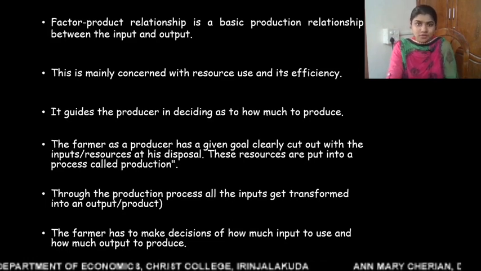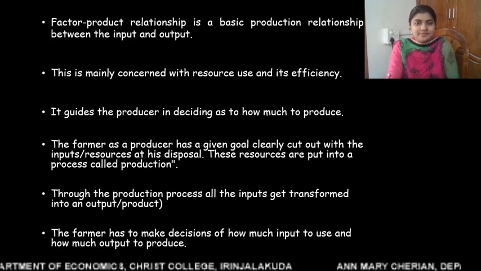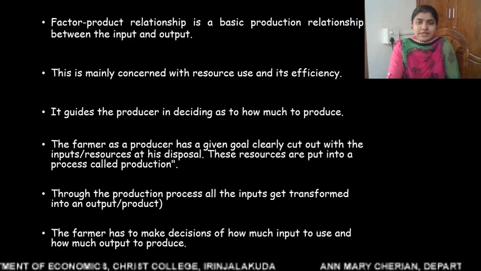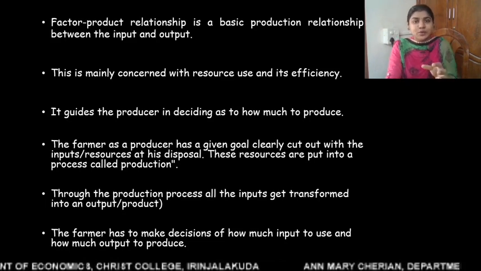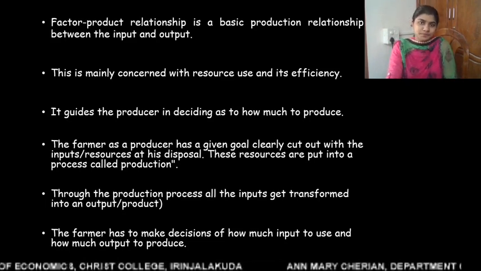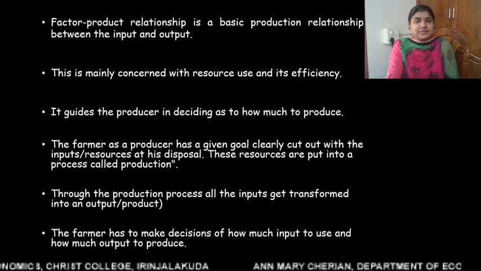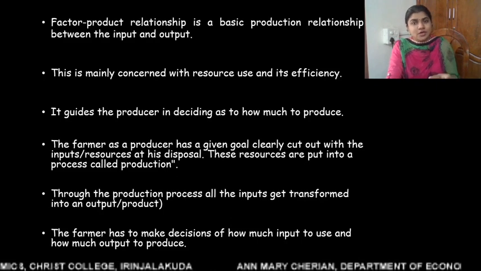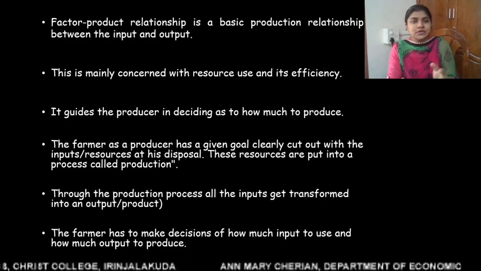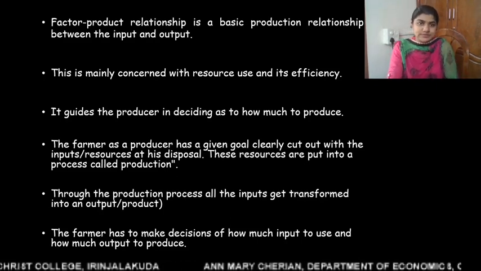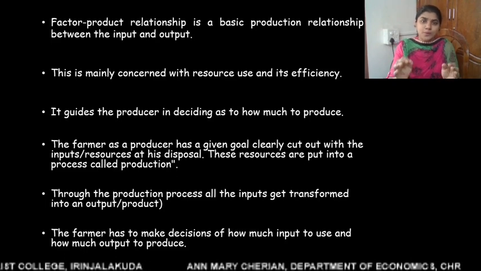That is their goal. So in order to earn maximum profit, they put their resources into a process called production. In the production process, the inputs are transformed into outputs.